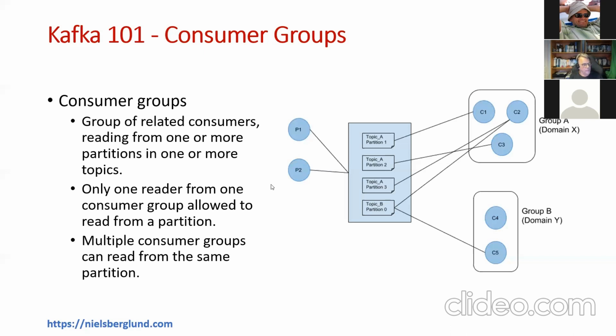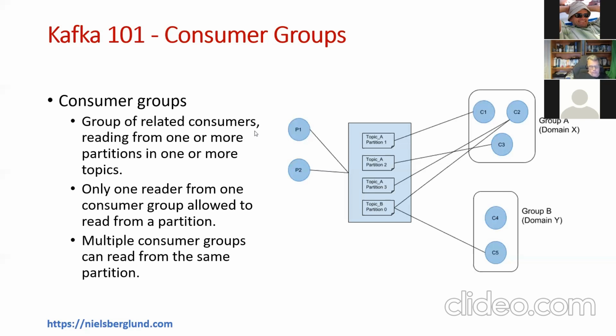I can only have one instance of a consumer group reading from one or more partitions on a topic. I can have 15 consumer groups, and they can all read from the same topic and partition. As we say on the slide, only one reader from one consumer group is allowed to read from a partition or from multiple partitions.